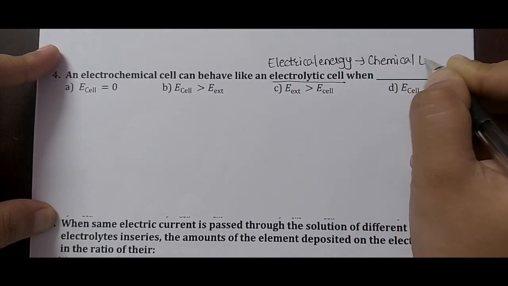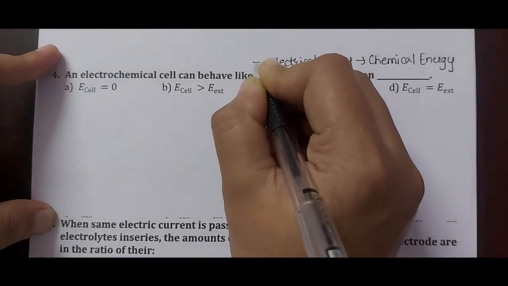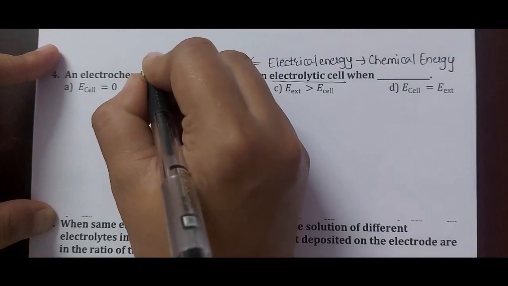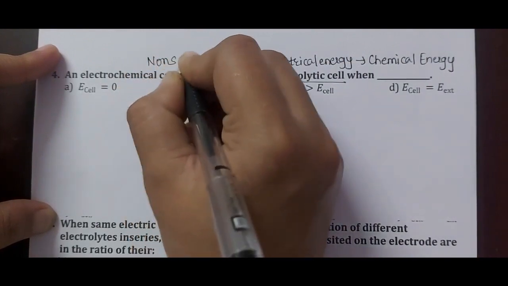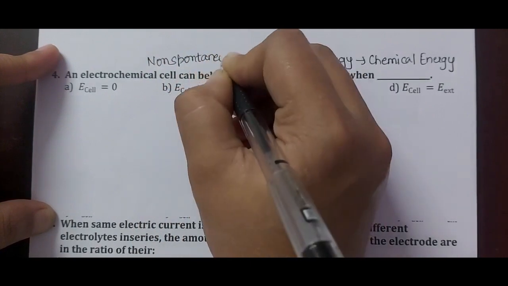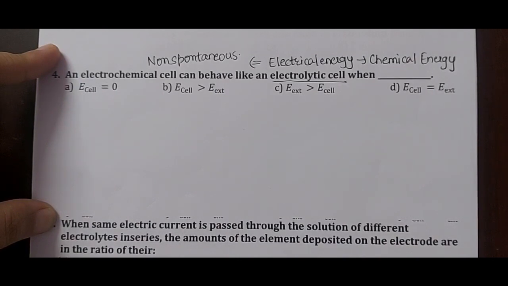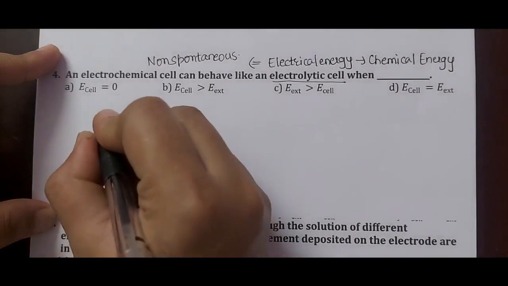And conversion of electrical energy to chemical energy does not occur spontaneously. It's a non-spontaneous process.